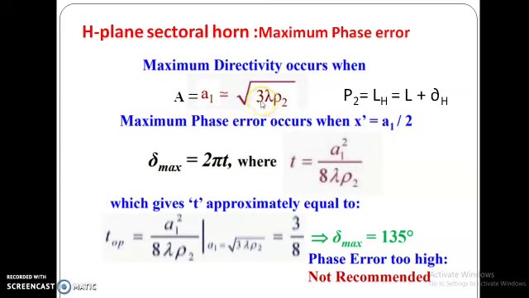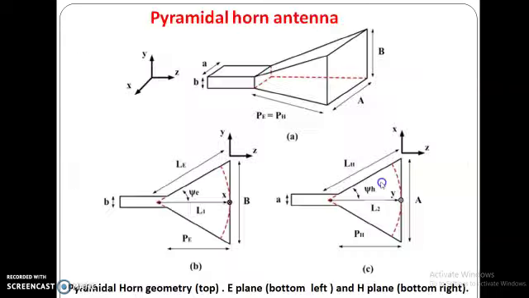Earlier it was 2 lambda rho 1, now it is 3 lambda rho 2. Remember, rho is equal to LH. Then the maximum phase error, if you solve it, is A1 square upon 8 lambda rho 2, and it becomes 135 degrees. It is also quite large, so small values should not be used.